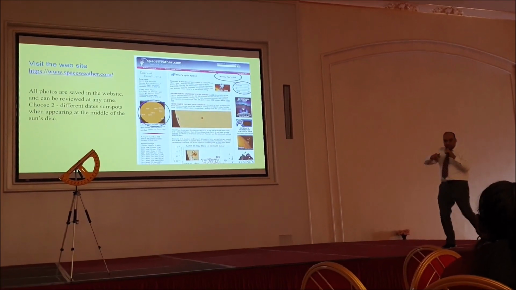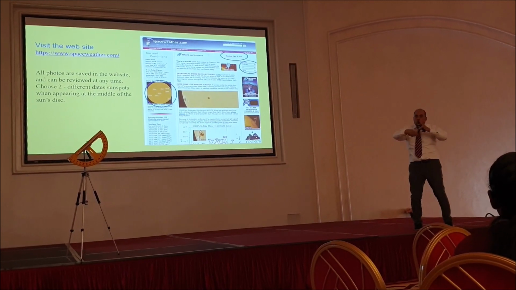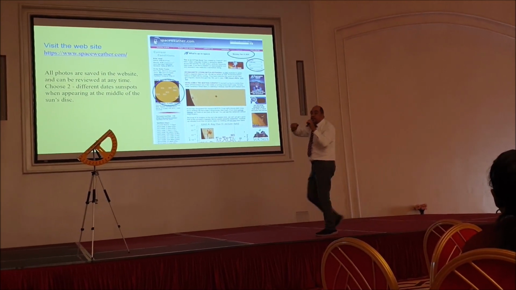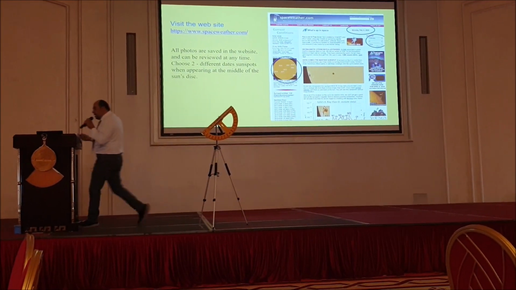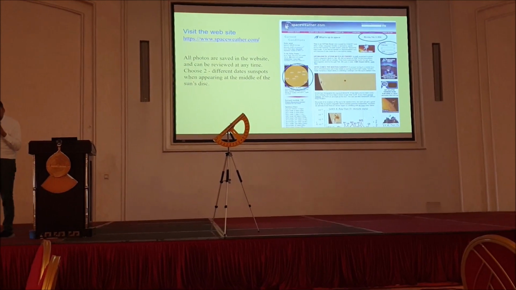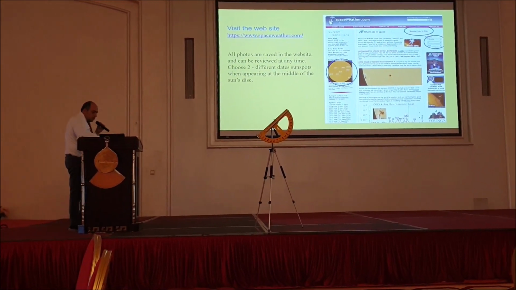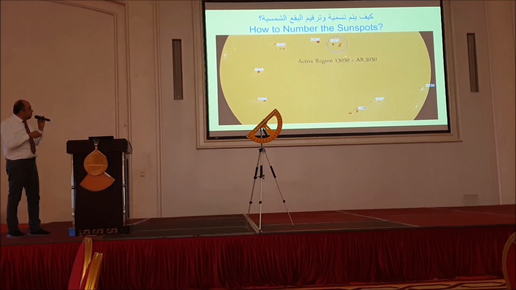Just click on it, it will fill the screen, and you'll see all sunspots. Each sunspot is numbered, given a number. This number depends on time. Every day they give 1 or 2 or 3, depending on how many sunspots are appearing.